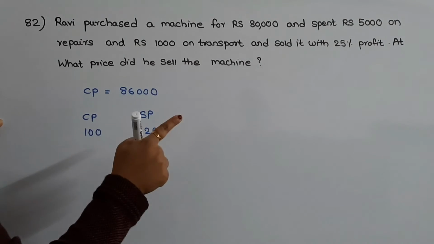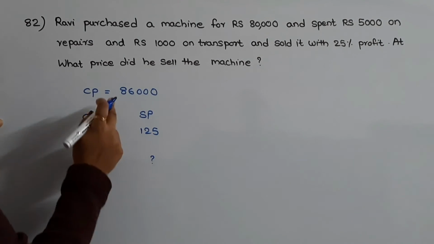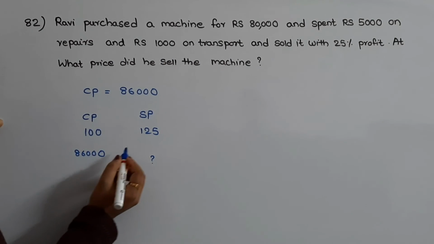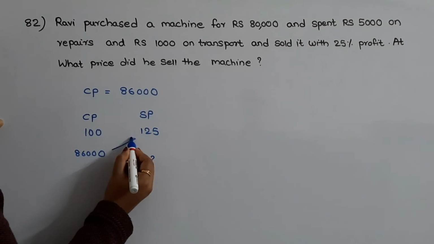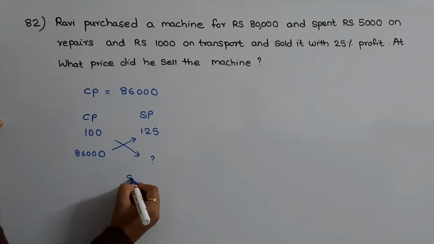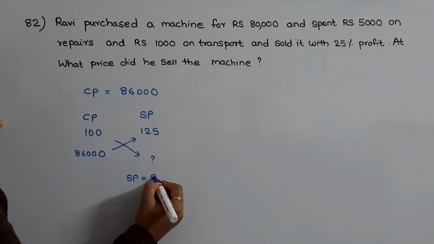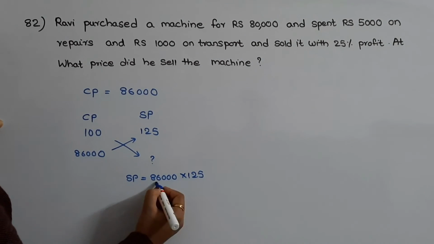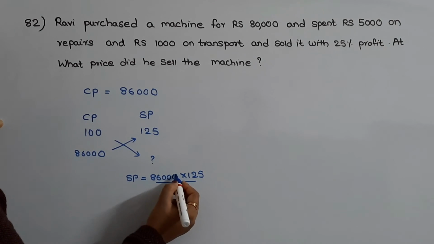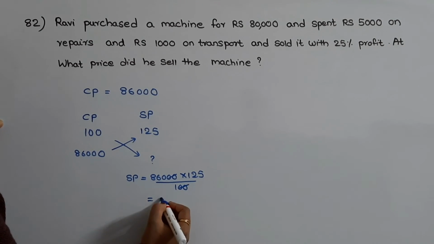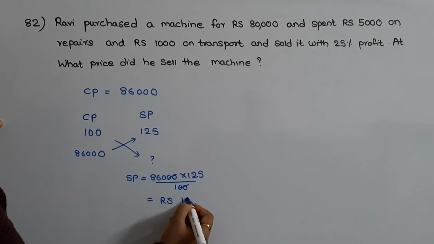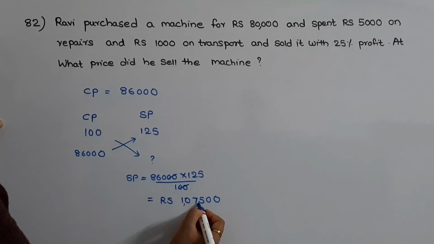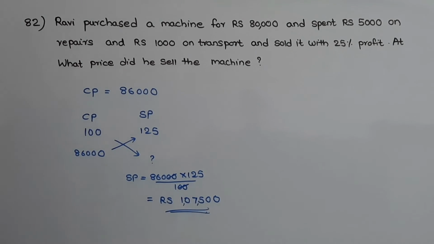So we need to find out the selling price when cost price is 86,000. This we can find out by cross multiplying. So the selling price will be equal to 86,000 into 125 divided by 100. On solving this you will get the answer as rupees 1,07,500. So this is the answer.